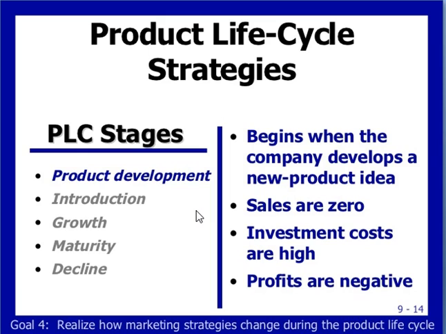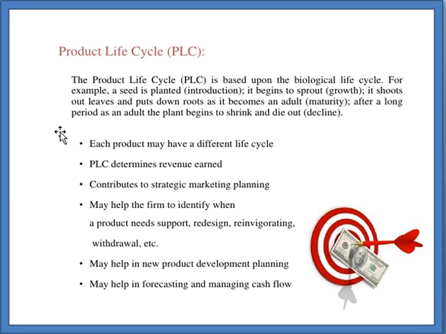Let us see what the stages are in the product life cycle, and the exact meaning of it. What is product life cycle? Product life cycle is based upon the biological life cycle. For example, when a seed is planted, that may be called the introduction stage.